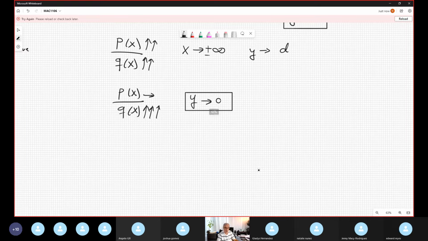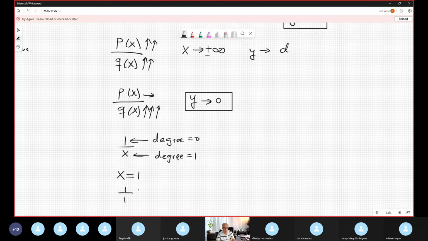Look. Suppose the reciprocal function, which is super elementary. The numerator is degree 0, a constant, and the denominator is degree 1, linear. I'm plugging in different values to investigate the behavior. Suppose x equals 1. 1 over 1 is 1. Cool. x equals 10, my goal is increasing faster. 1 over 10 is 0.1.